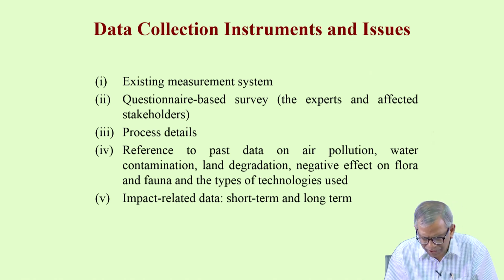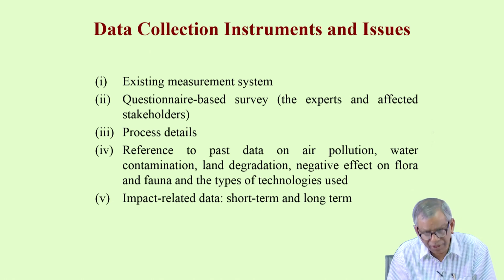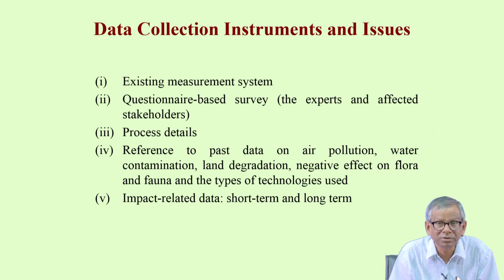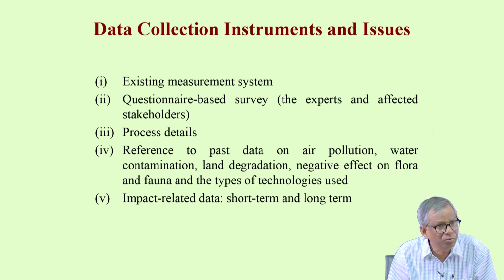Reference to past data on air pollution, that is number one. Second one is water contamination. How do you measure water contamination? Can there be any plant where there is no water contamination? It's clear. Land degradation is a serious issue, like in the open cast mines and many others.